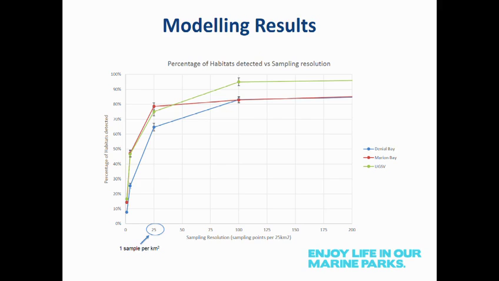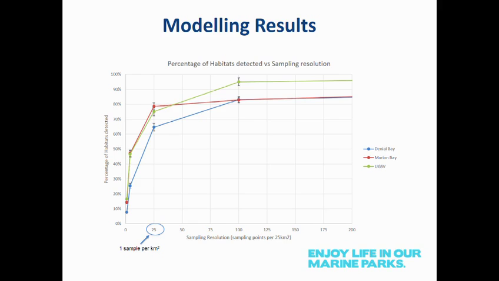So basically, it would appear that using this technique at this resolution, we're getting a reasonable picture of what's there, and it's worth noting that the habitats you're picking up at this end of the curve are likely to be the ones that represent the most in terms of aerial coverage. So we can probably safely say we're picking up the significant habitats in the area.